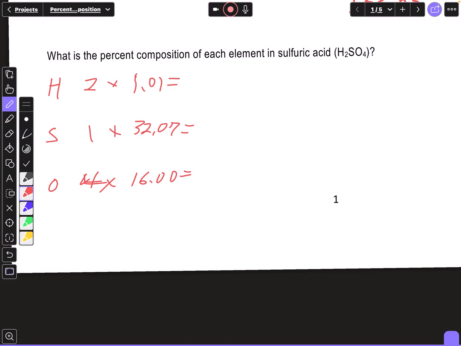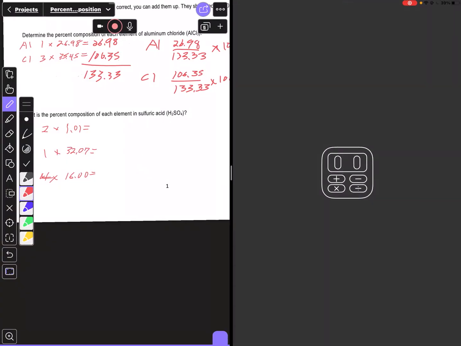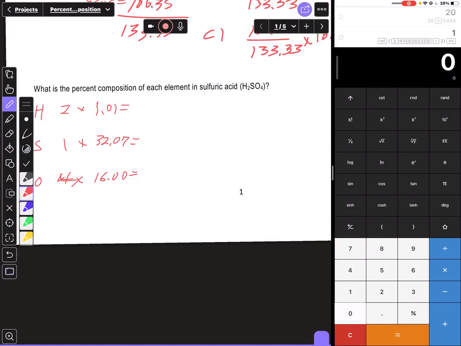Then I'm going to multiply those. 2 times 1.01 is 2.02. Sulfur, 1 times 32.07 is going to be 32.07.